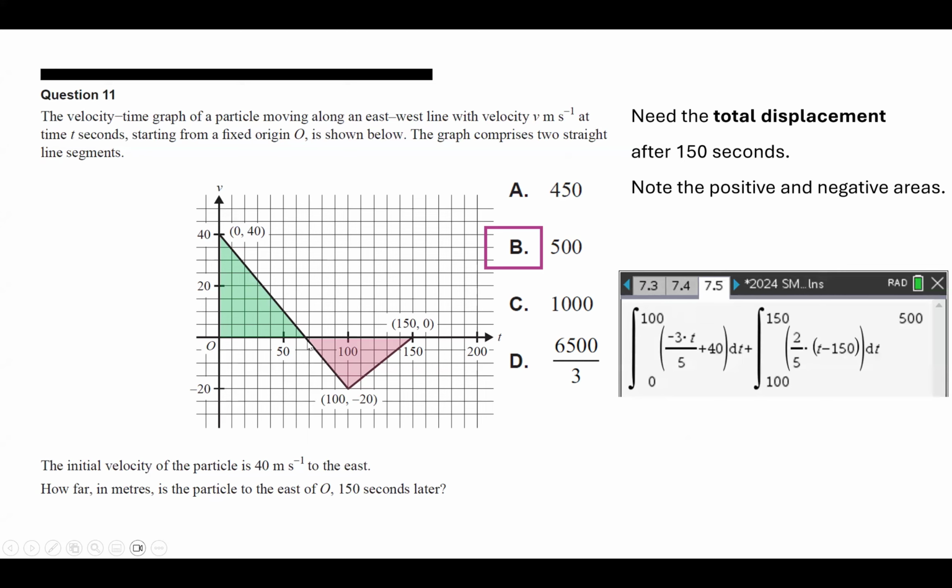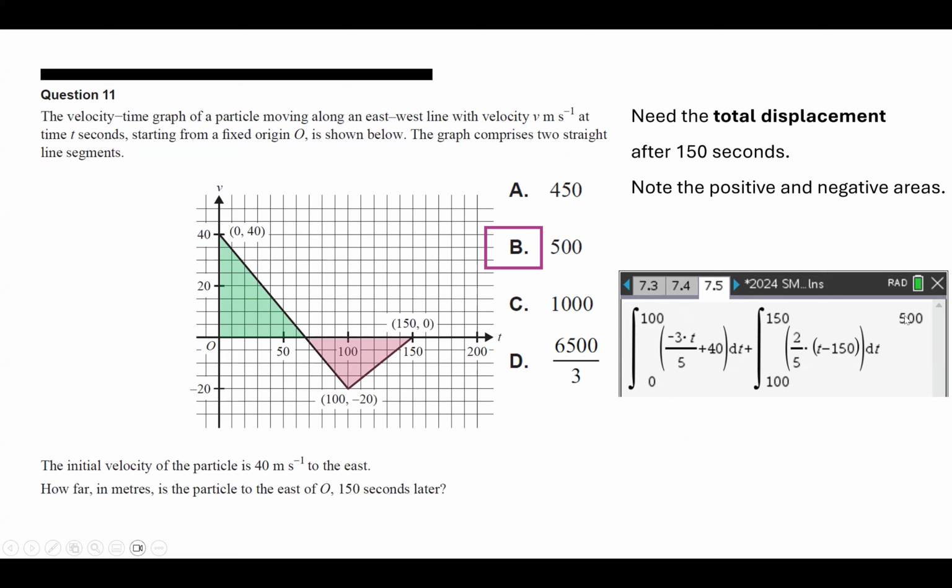Basically, this bit will compensate some of the positive green area. And then this bit will also compensate another part of the positive signed area here, which means as a result, I'll be able to see what's the leftover for the sum of these two regions.